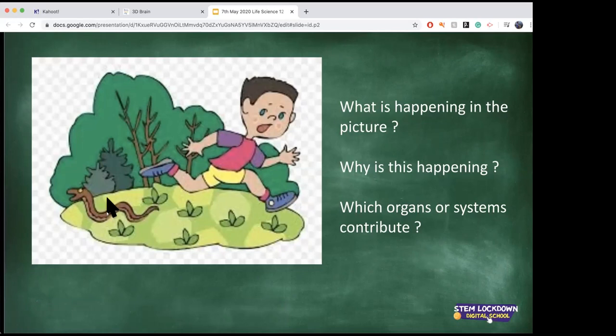Which organs or systems do you think contribute to him seeing the snake and running away? List all of the systems that you are aware of. All right, we've got the nervous system. That is one of the systems, yes, and we'll be looking more at the nervous system, but there are many more that contribute.